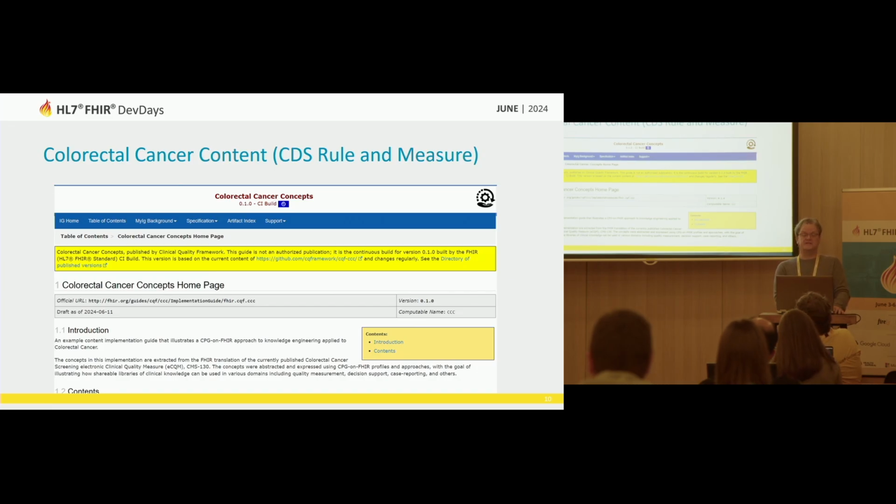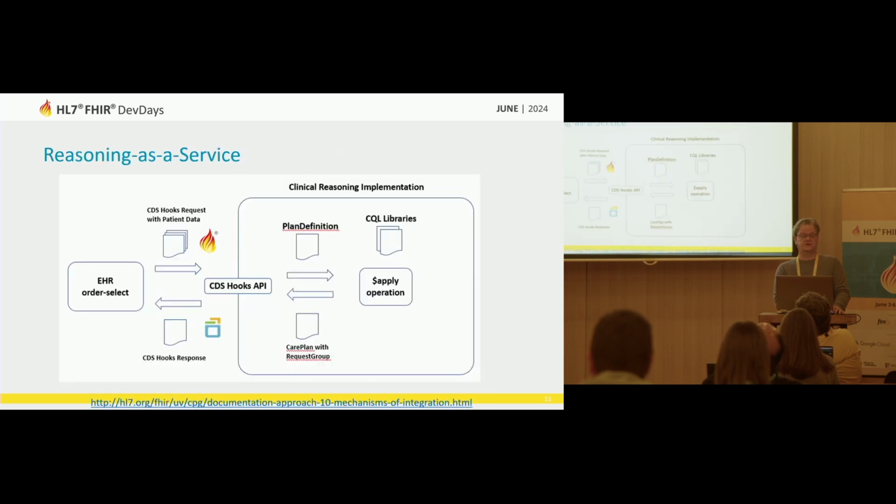The key here is that this is a FHIR implementation guide whose main content is a decision support rule and a quality measure and the associated libraries to run those rules and measures.